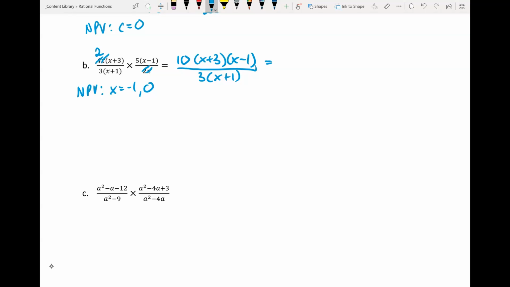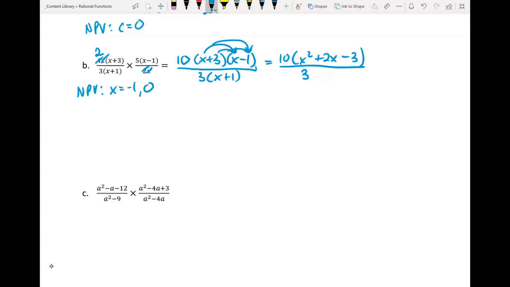Now what we can do is multiply x plus 3 and x minus 1. That's x times x, x times minus 1, 3 times x, and 3 times minus 1. That's x squared plus 2x minus 3 after you simplify.